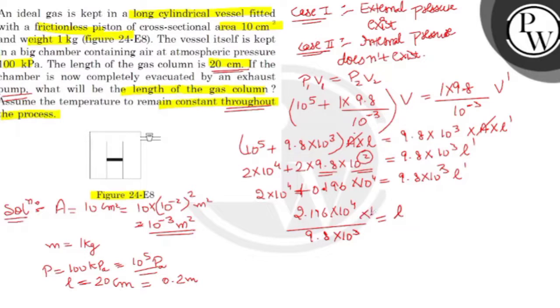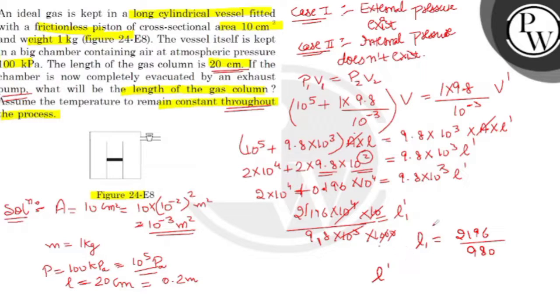Here is 1000, and this 0 is cancelled out by this one. 10 power 3 cancel, one 0 is left, and this will cancel out by this one. Here L dash is 2196 divided by 980. After cutting this, we get the value of L dash, sorry, it's L dash, not L1.